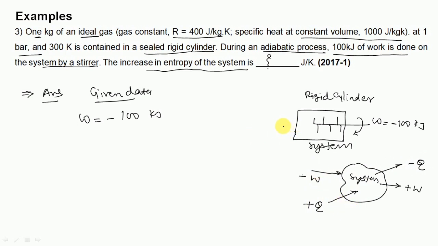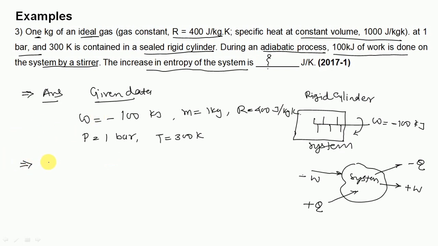And the other things given: the pressure is 1 bar, the temperature is 300 Kelvin. Also the mass of the gas is given as 1 kg, and the value of R is given as 400 joule per kg Kelvin. So you need to find the value of delta S, the change in entropy.